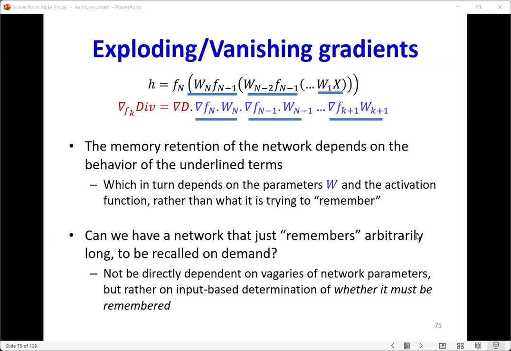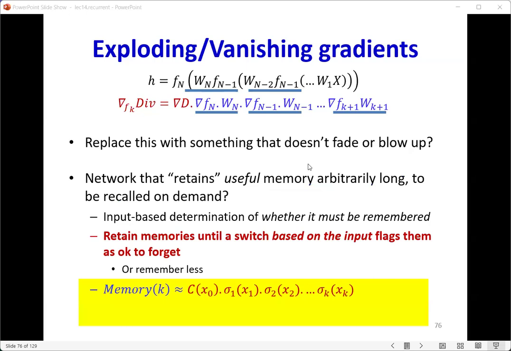So we want a network that just remembers arbitrarily long, and it's not dependent on the vagaries of network parameters, but rather on input-based determination of whether whatever is in the memory must be remembered. And for that, we're going to replace this with something that doesn't fade or blow up. We're going to use something that's based on switches.